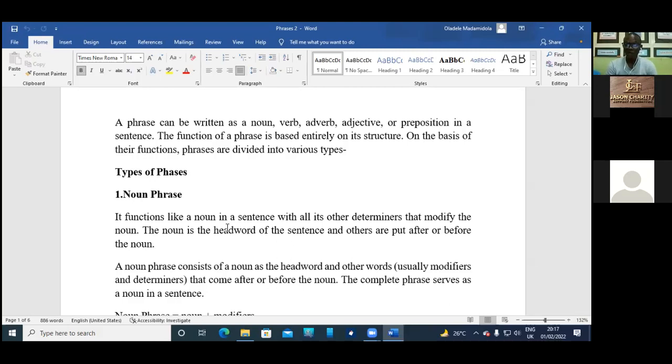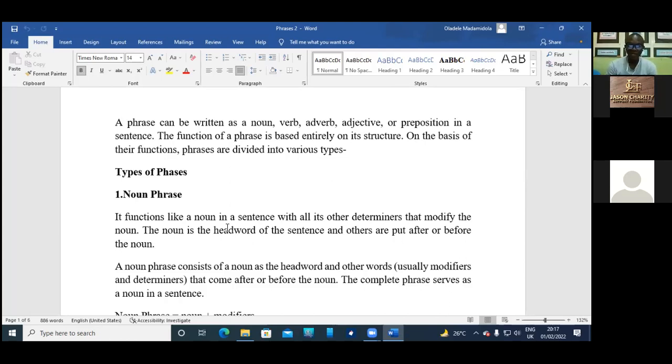If you have a phrase in the verb position, the phrase becomes what? A verb phrase, and sometimes a phrasal verb. If you have a phrase in the adverbial position, that phrase is an adverbial phrase, especially when it performs the function of an adverb.